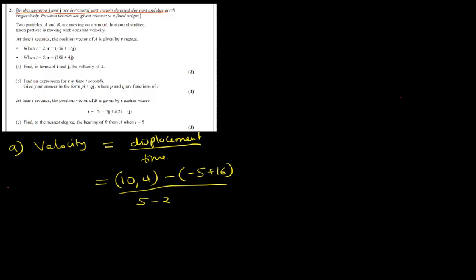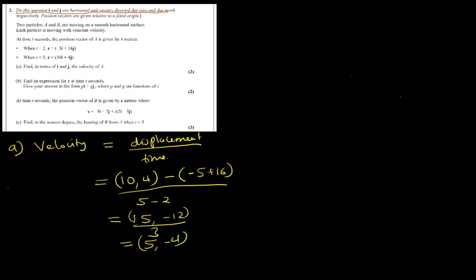And this is going to give us 15 comma 4 minus 16, that is -12, divided by 3. You divide everything by 3, which gives us 5 comma -4.